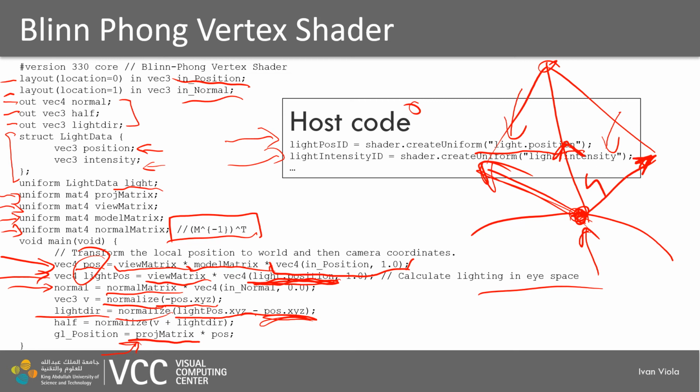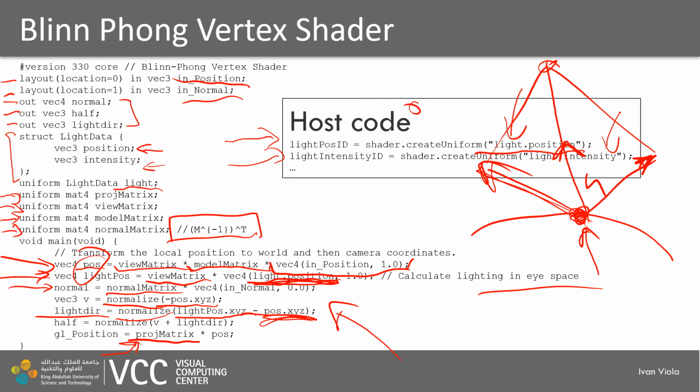So we are multiplying our position with the projection matrix, but we do not want to perform that on the calculated vectors which we obtained here. Therefore, we first get ourselves into the camera space, and then we obtain all the necessary information, the halfway vector, the normal vector, before we then get our position into the normalized device coordinates with the projection matrix.